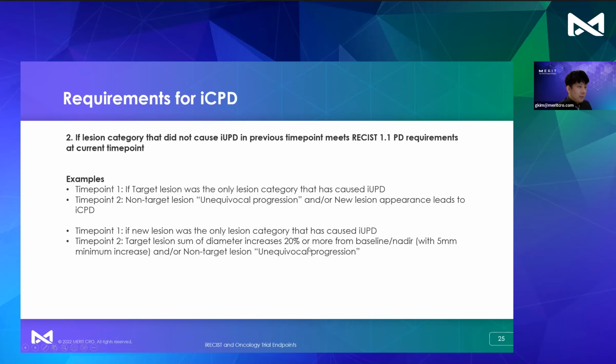In this case, the target and non-target lesions that did not cause an issue at time point 1 are now meeting the RECIST 1.1 PD requirements, which requires a 20% increase, not simply the 5 millimeters as in the first case. So that would be the second scenario where ICPD can be given to the subject.